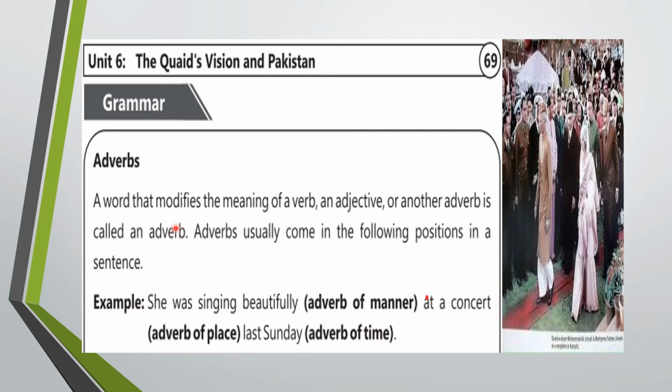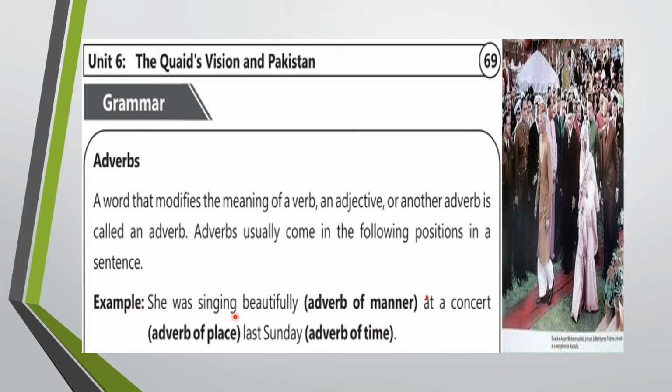So, students, you can see that there are three parts of this definition. First of all, an adverb modifies the meaning of a verb. Let's just study this part through this example.